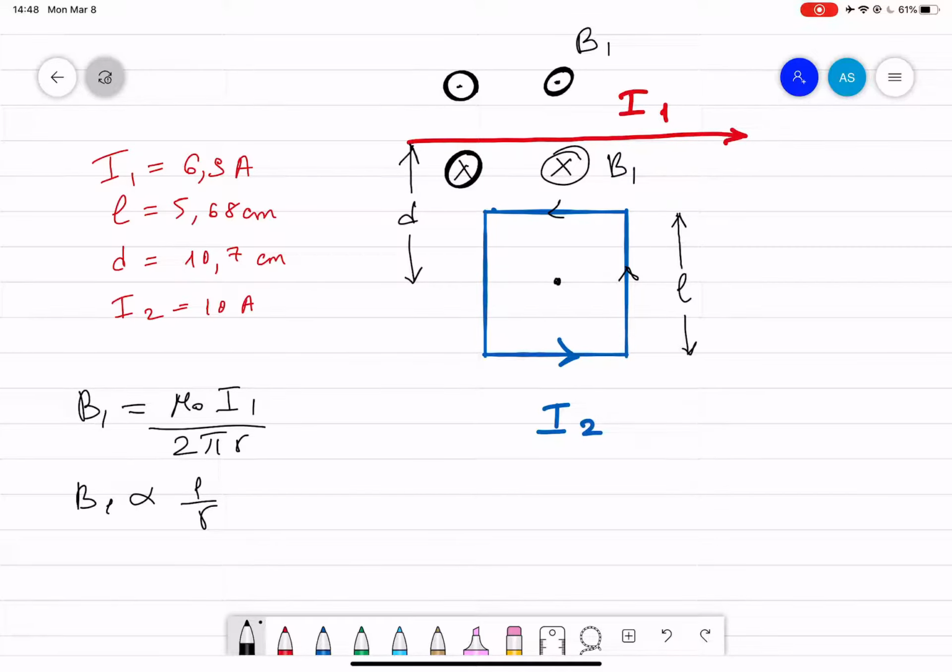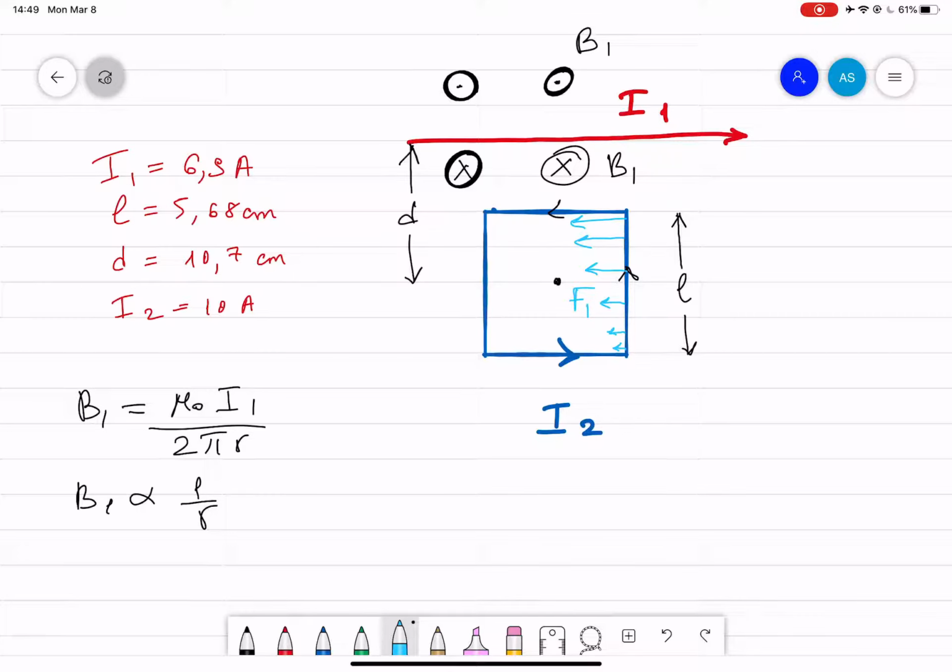So the magnetic force: if the field is into the page and the current is going up, the force will be like this. As it gets further, the force will start decreasing, because the magnetic field strength gets less and less. This one I call F1.